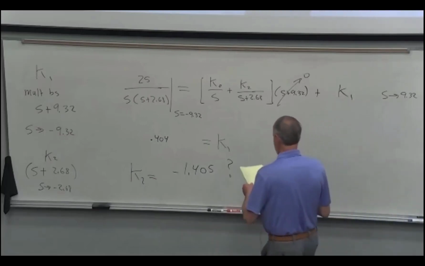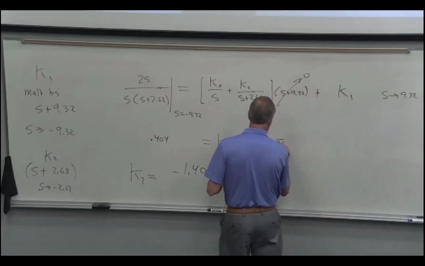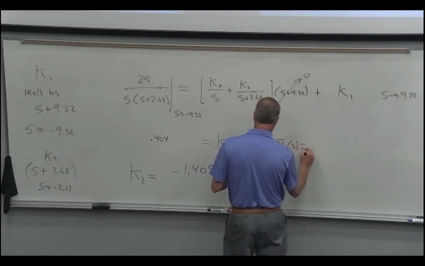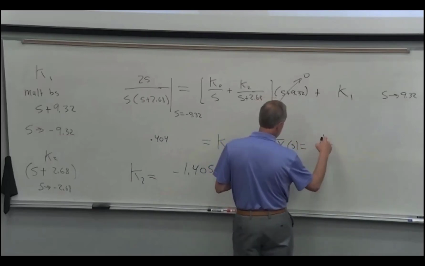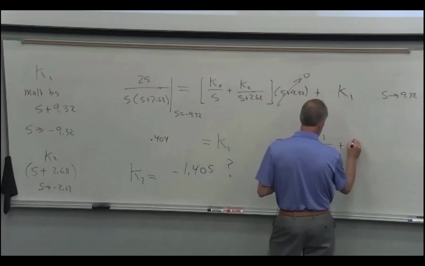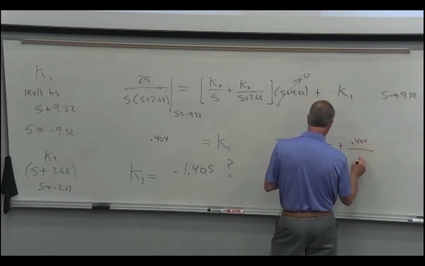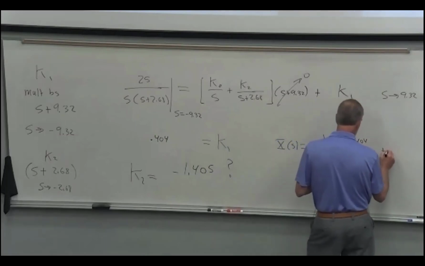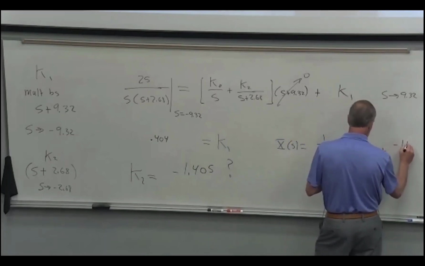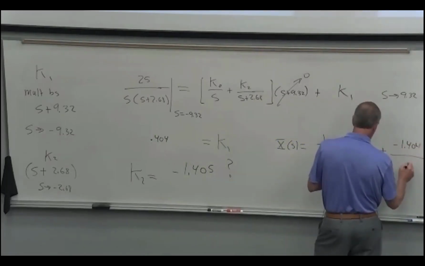So what that means is that now X of s, K0 was 1, K1 was 0.404, and then there's the one we just found.